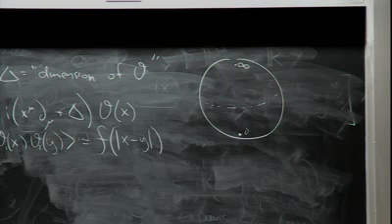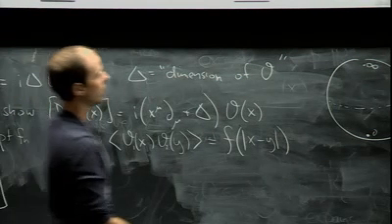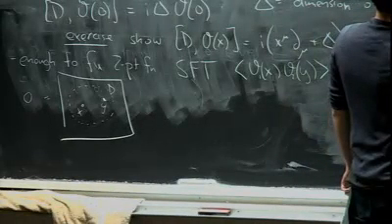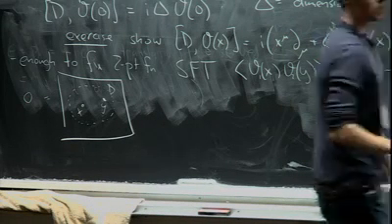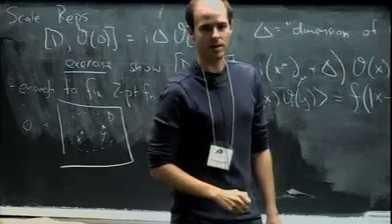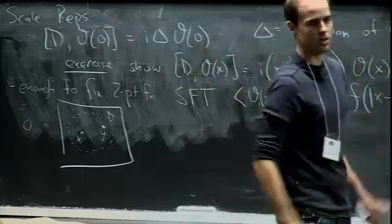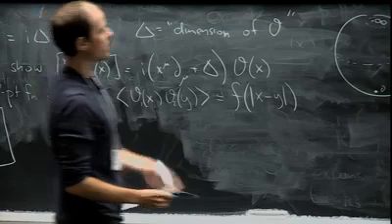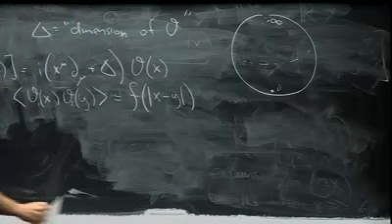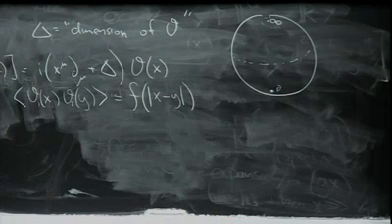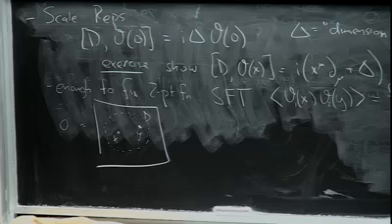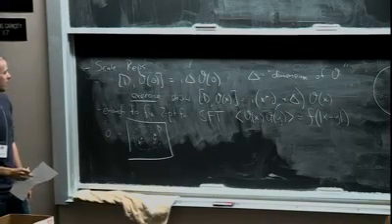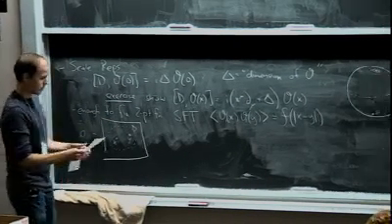So what you can imagine doing here is you start with D around the point at infinity, which obviously does nothing if there's no operator at infinity, and then you move it down to surround all the operators near 0. And what I mean by this picture is you can just say that you've defined your theory by putting the path integral on a sphere. Okay? This just means we have scale invariant boundary conditions.